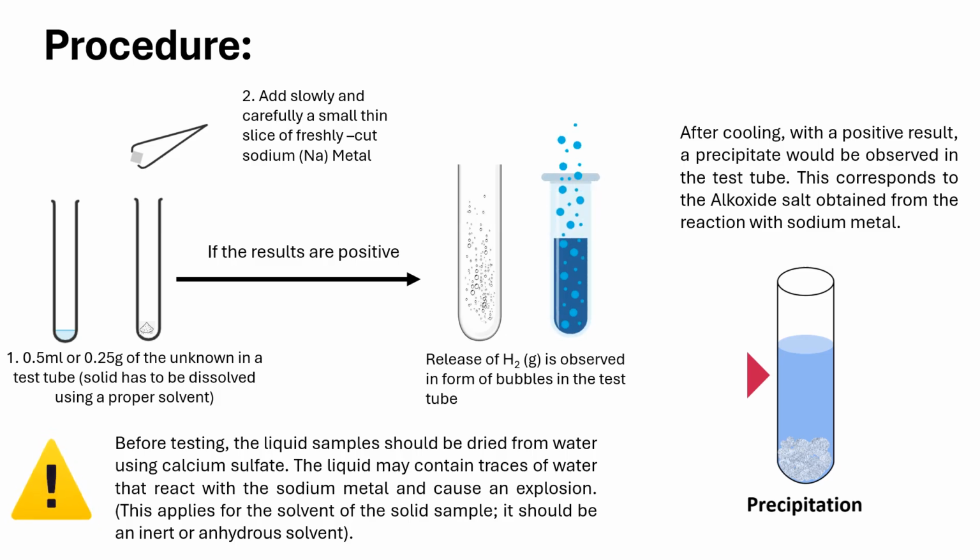So after cooling the test tube for a certain time, a precipitate appears at the bottom of the test tube. This precipitate is the alkoxide salt that was obtained upon reacting the sodium with the compound, and it's an indication that the test result is positive.